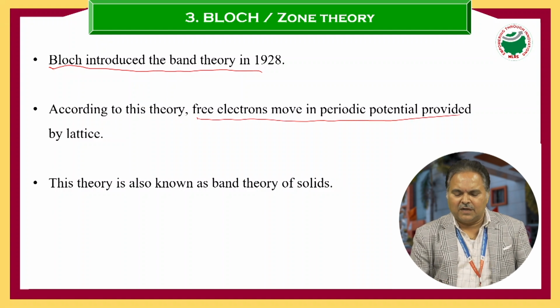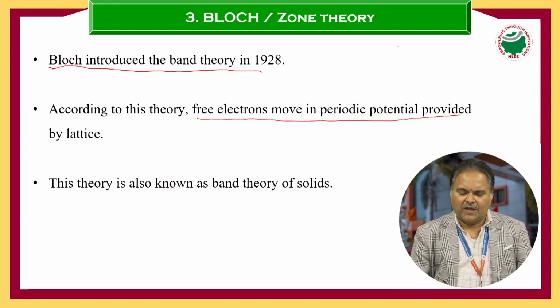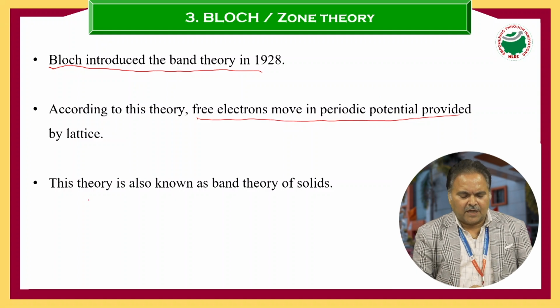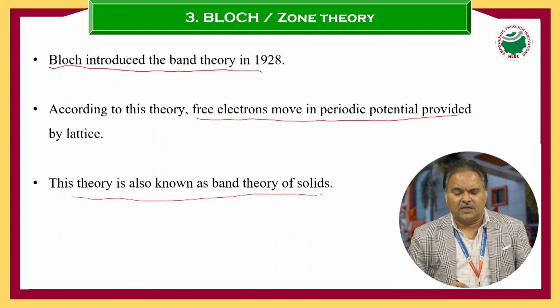In classical free electron theory, electrons move freely without any boundary; in quantum free electron theory, they are in a constant potential; whereas in Bloch theory, it is a periodic potential. So the potential differs in the three theories. This theory is also known as the band theory of solids, the Bloch theorem, or the zone theorem, all with similar meaning.